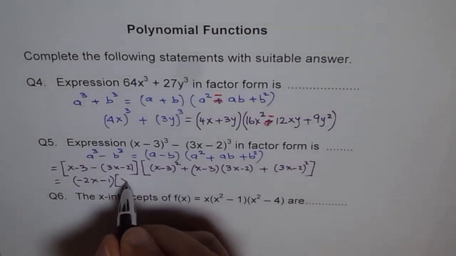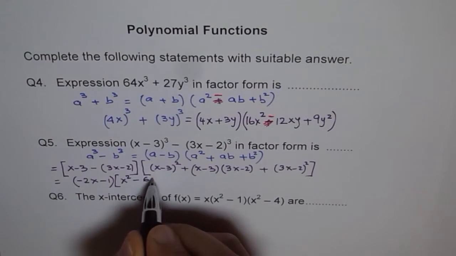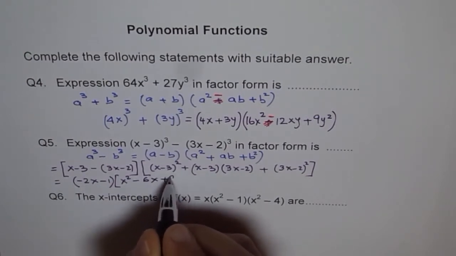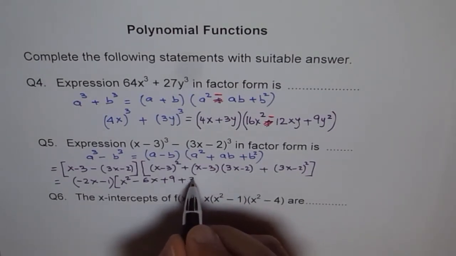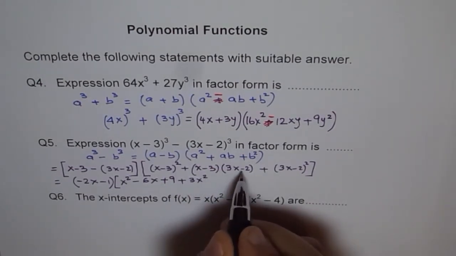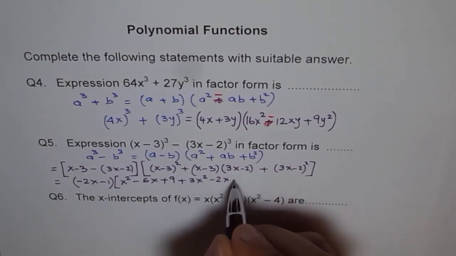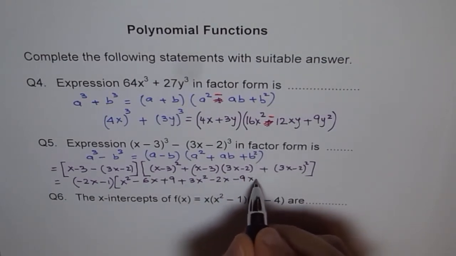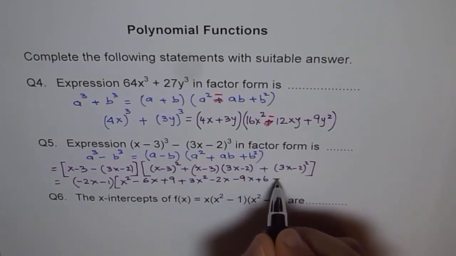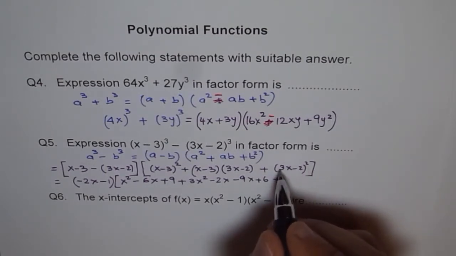So let's expand. X square minus 2ab, which is 6x, plus 9, plus let's multiply these. So we get 3x squared minus 2x minus 9x plus 6, plus we got 3x squared means 3 is also squared, okay?